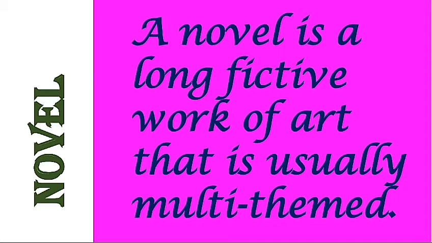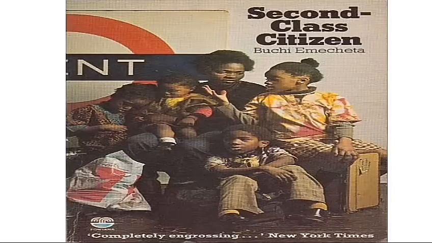Remember, he has enough time and space and room to talk about anything in details. Second Class Citizen by Buchi Emecheta is a novel. It has all the characteristics of a novel, and it is one of the novels you'll be reading this term.